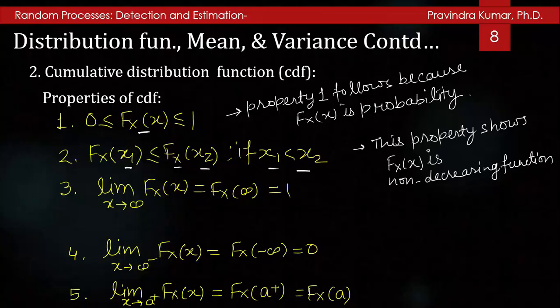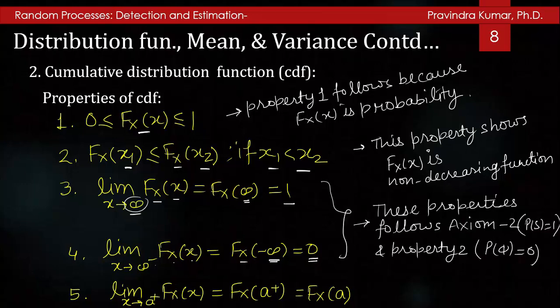The third property: the limit as x tends to infinity of Fx(x) equals Fx(infinity), which is equal to 1. And the limit as x tends to minus infinity of Fx, that is Fx(minus infinity), is equal to 0.